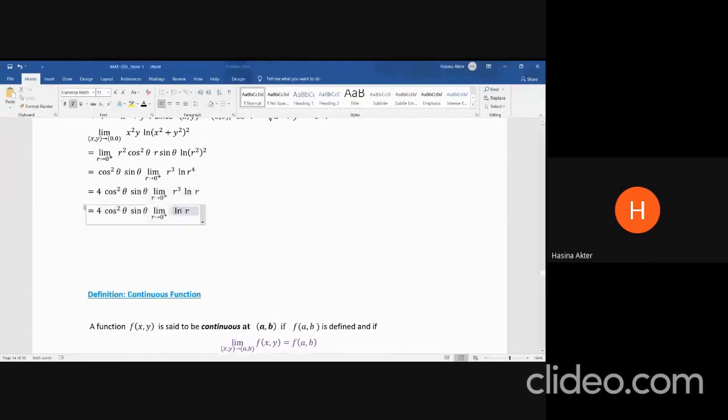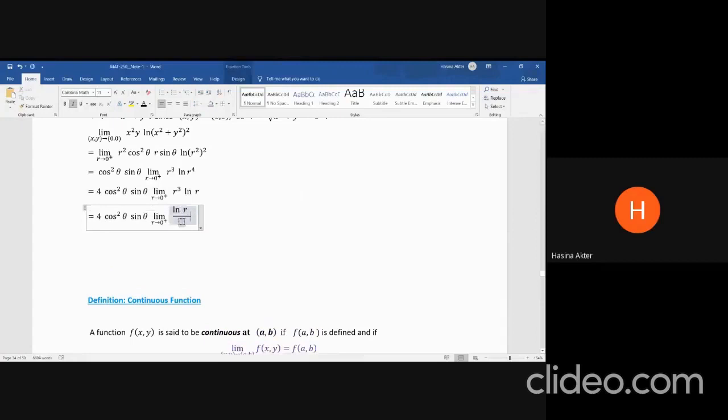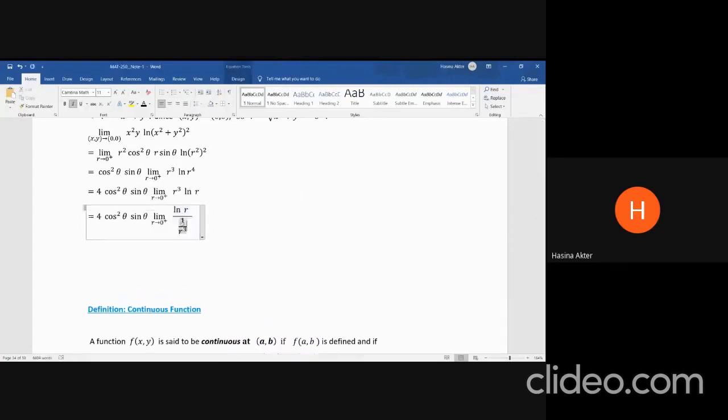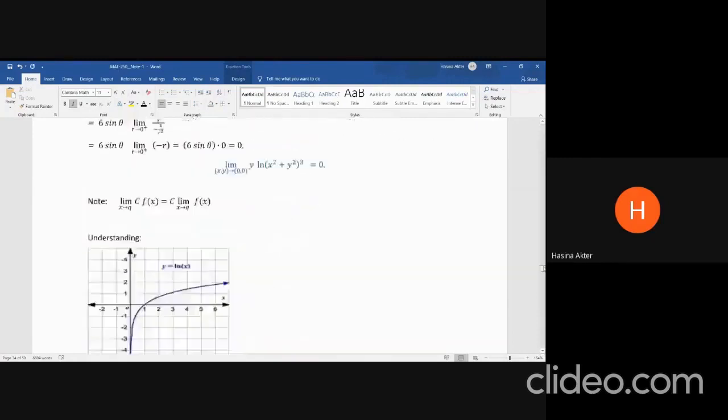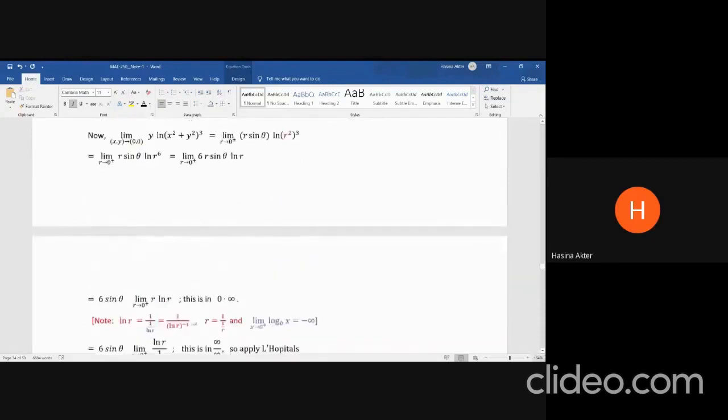So let's take it in the denominator. When you are in the denominator, you have to have 1 over r cubed, since you have to flip twice. Here you go. Then continue. This is in infinity by infinity form, so apply L'Hopital. I will just leave it with that note.